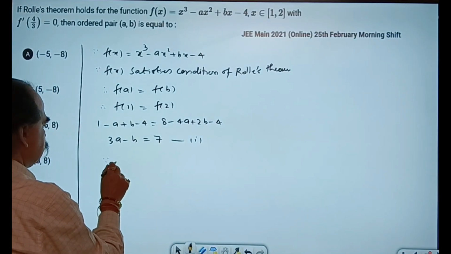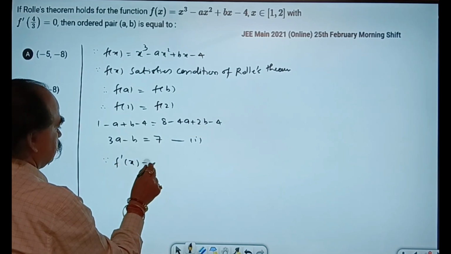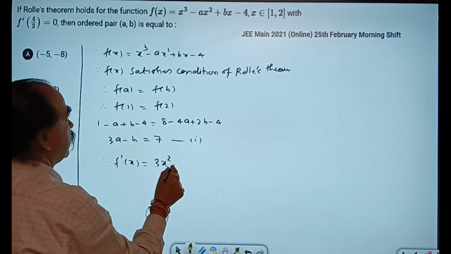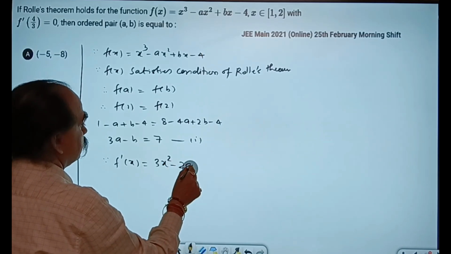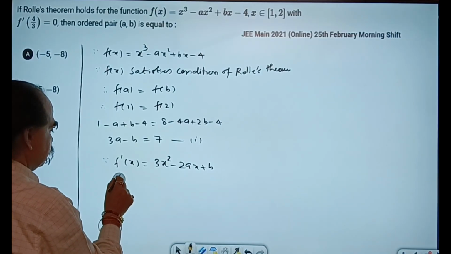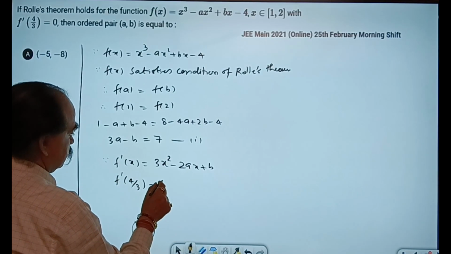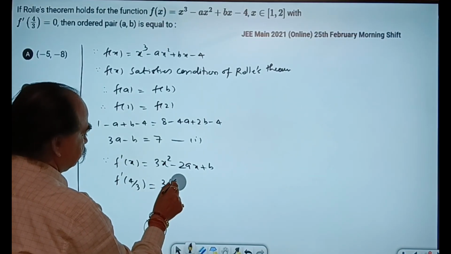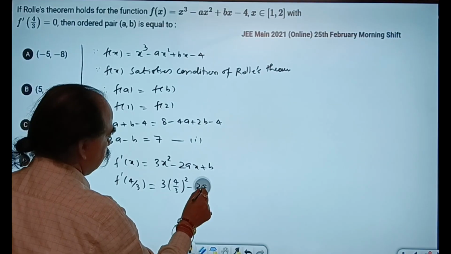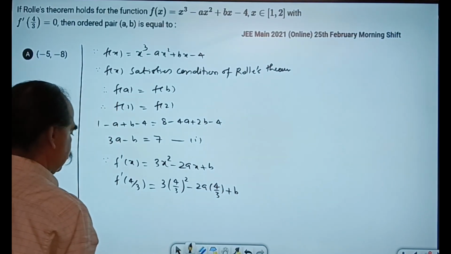Since f dash x is what? Differentiate: 3x square minus 2ax plus b. F dash 4 by 3 is 3 into (4 by 3) square minus 2a into 4 by 3 plus b.